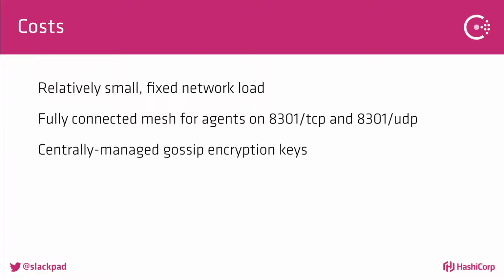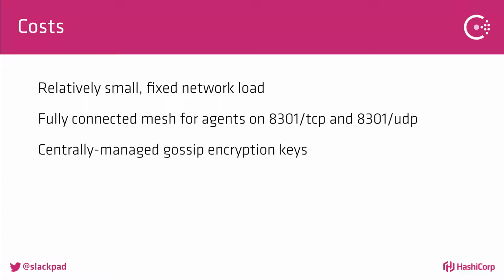We'll move on. So to summarize, for our monitoring at scale, by utilizing the Gossip protocol, we have a pretty small amount of network load that's fixed for any given number of nodes in your cluster. You do need the fully connected mesh, so you just need to appreciate that, and that's required for it to work properly.